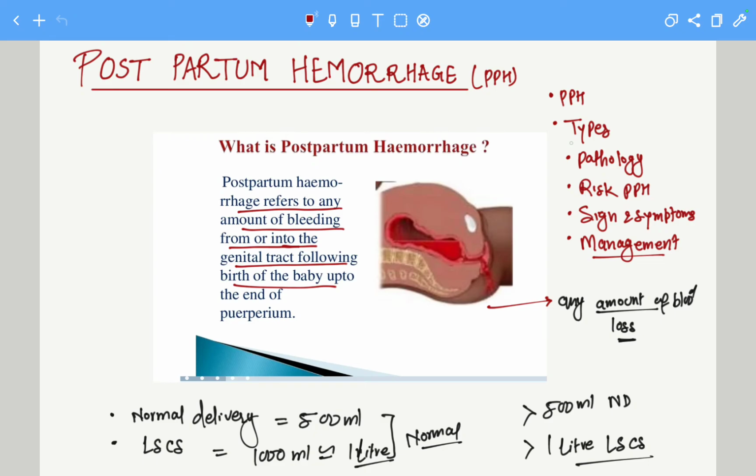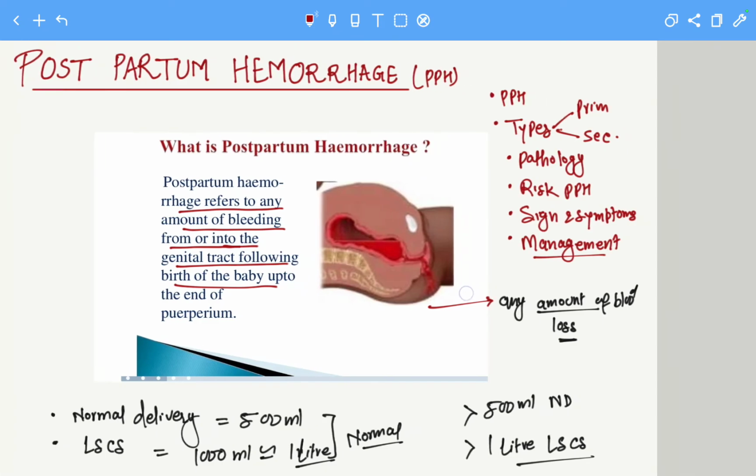Then we had discussed about the types. In types we have primary PPH and secondary PPH, right? Primary is that is within the 24 hours after the delivery, and secondary is after 24 hours of the delivery, that can be up to 12 weeks of the delivery, right?